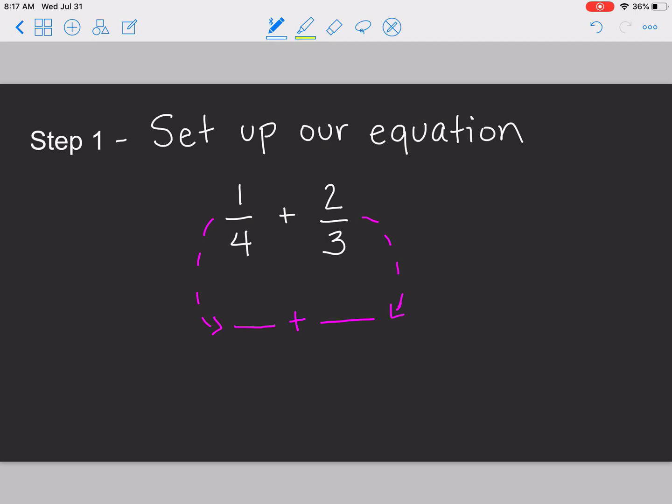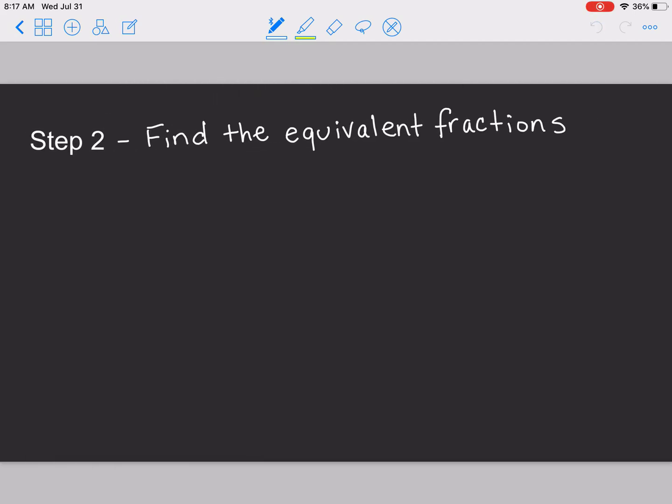So let's move on to step 2. Here's your paper so far: 1/4 plus 2/3. Remember, in step 1, we were setting up our template for our equivalent fractions. Now, in step 2, we're actually going to go through the process of finding equivalent fractions.